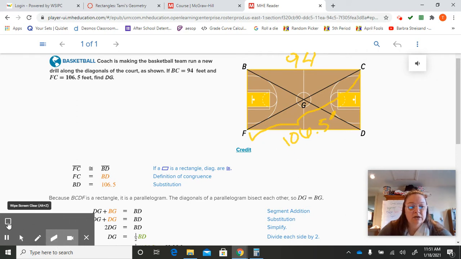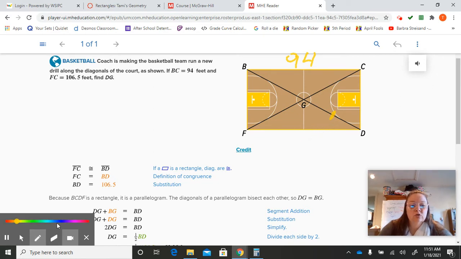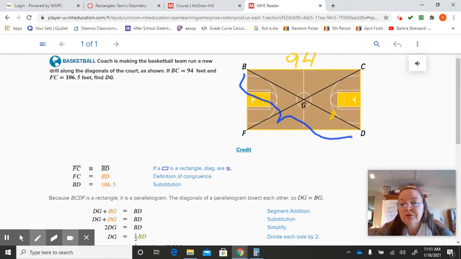So let me clean some of this up really quick. And we're going to go this way with our 106.5 because we know that that is the same length. Okay.